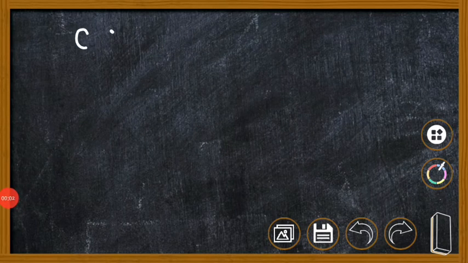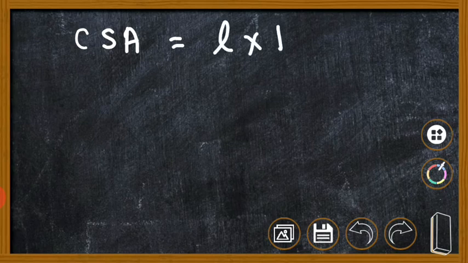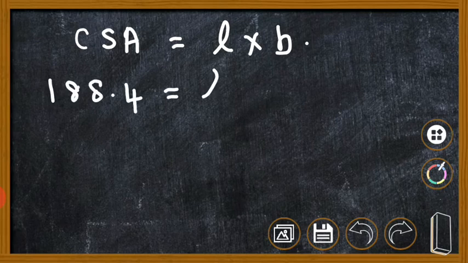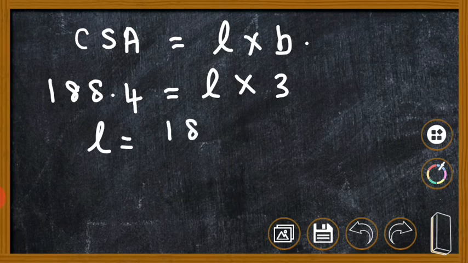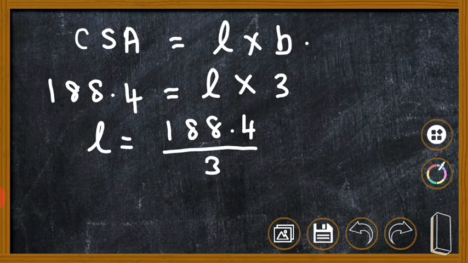Therefore, the CSA of the conical tent will be equal to the area of tarpaulin cloth. Area of tarpaulin cloth meaning L into B. And that is 188.4 is equal to length, it is not given, L into the width of the tarpaulin cloth, it is given that it is 3. So L is equal to 188.4 divided by 3.